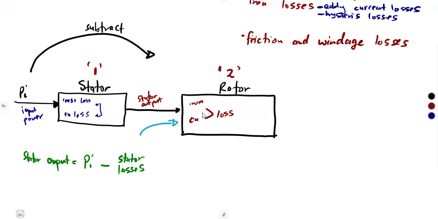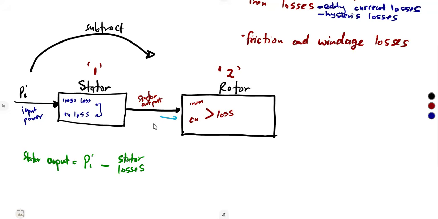It also enters the rotor. Just like what we have here, it is the input to the stator. So the output that we have from the stator is now the input to where? To the rotor this time. The same output that we are talking about is the input to the rotor here.